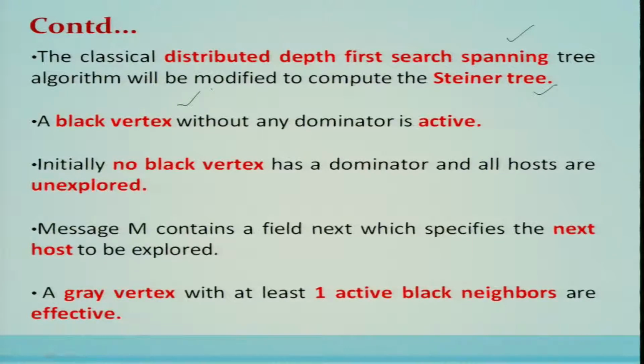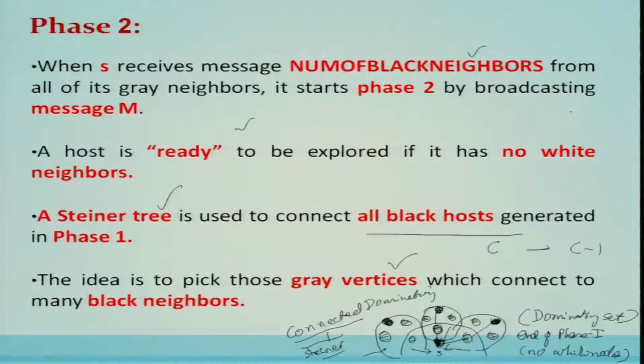A black vertex without any dominator is active, meaning the black node without any dominator, why? Because they are independent, they are not connected. If they connect through another node, then it is called a dominator.